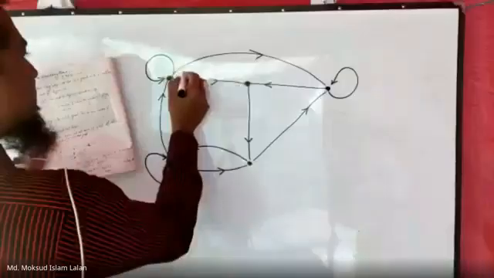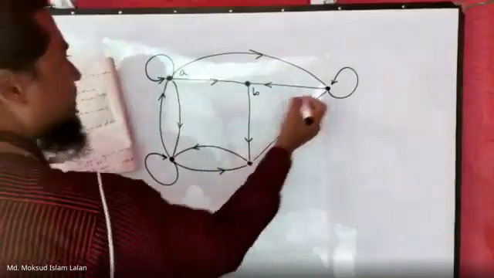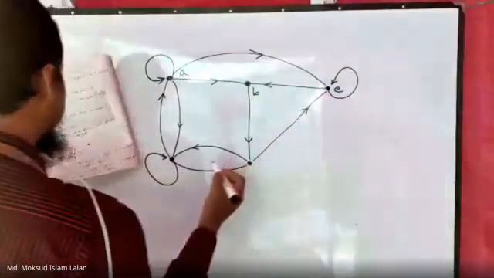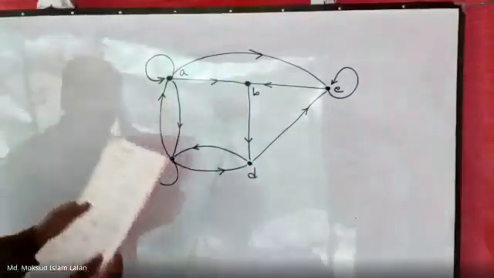We can label these as vertex A, B vertex, C vertex, D vertex and E vertex. Is it clear?